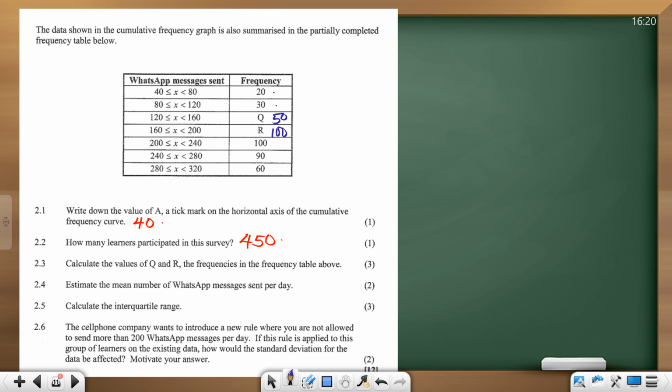Guys, quickly calculate the mean for me. Everybody, calculate the mean. Please, everybody, let's calculate the mean. This is also to allow us practice.